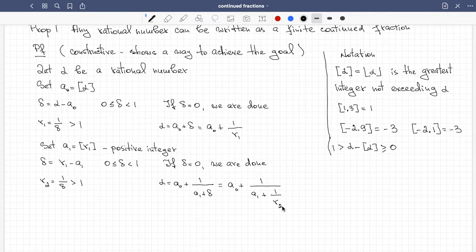And now it becomes more or less clear what do we do next. Of course, next we continue, we set A2 to be the integral part of our R2, and this is again a positive integer because R2 was strictly bigger than 1.